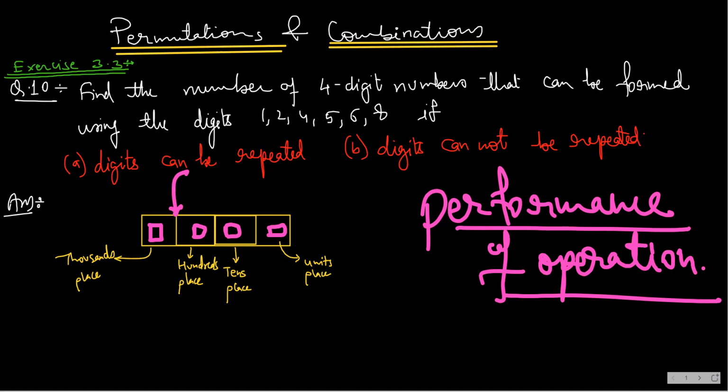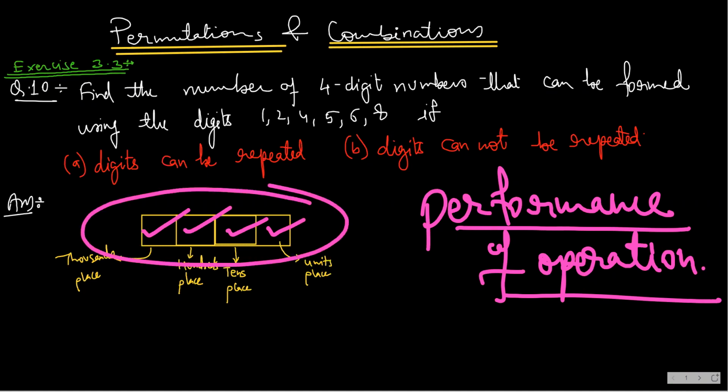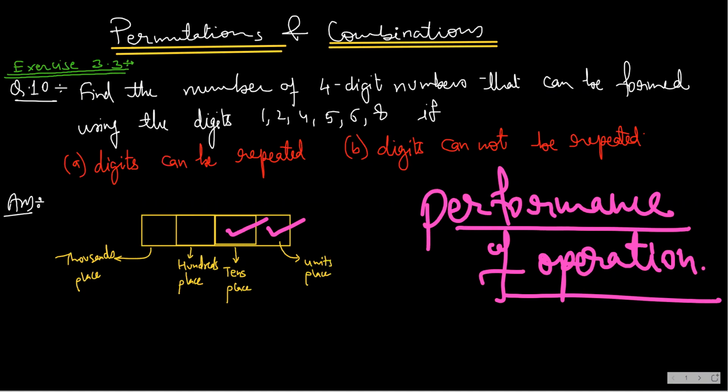You have to fill a number at units place, and at tens place, and at hundreds place, and at thousands place. So when you have done these four operations, you will have got the four-digit number, and then you can answer how many such numbers are possible.